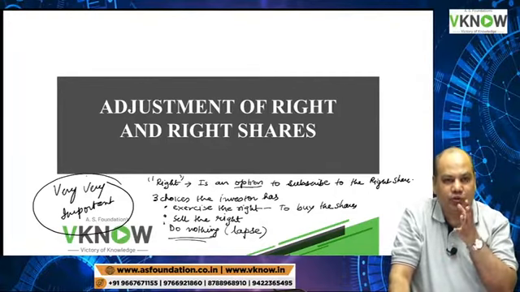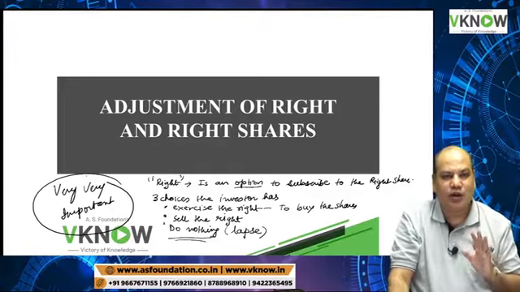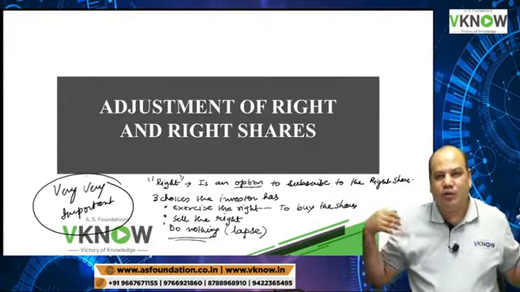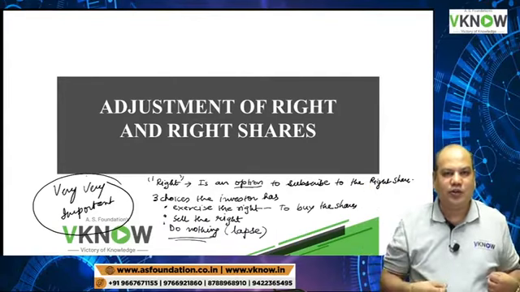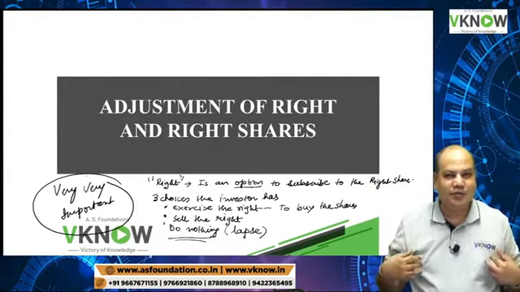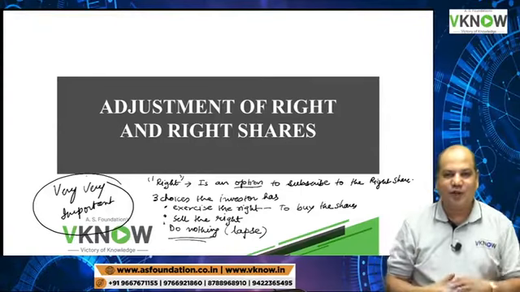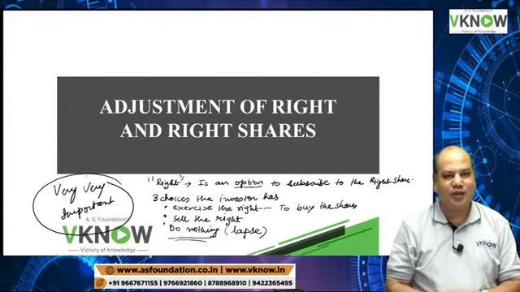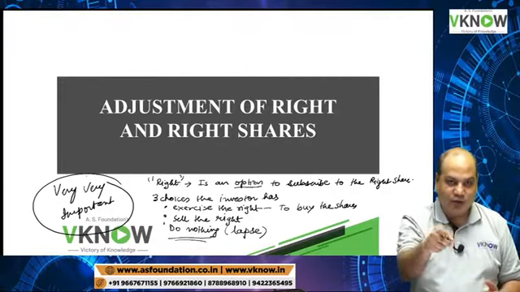Bonus share, there is no choice. You get the bonus share directly into your demat account. When something is coming free, why would you want to exercise your choice? Take it. Take the item appearing free in your bank account or demat account. Enjoy. Okay. But for right, you have to pay.